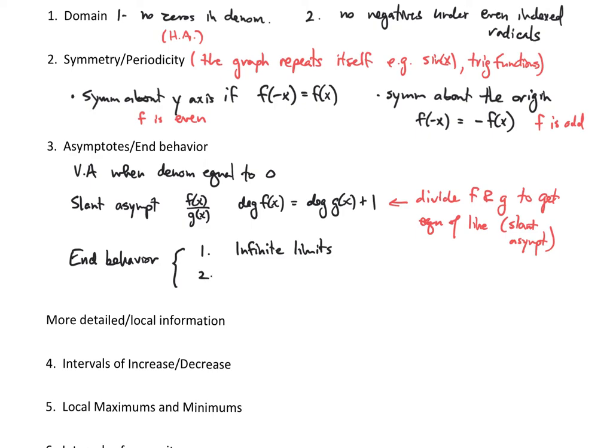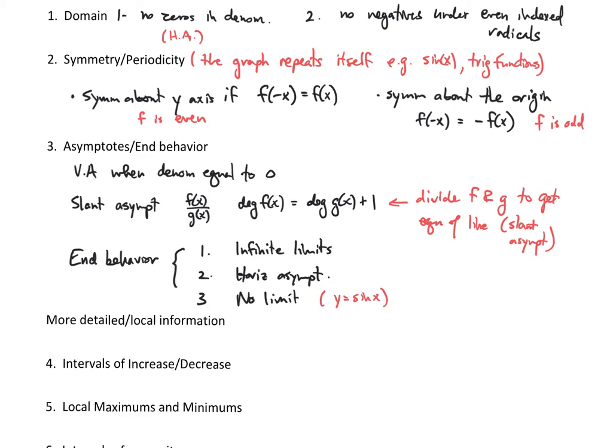Case 2 was you have a horizontal asymptote. And case 3 is you have no limit. So an example of the no limit situation was something like y is equal to sine of x. That has no limit. It continues to oscillate, right?